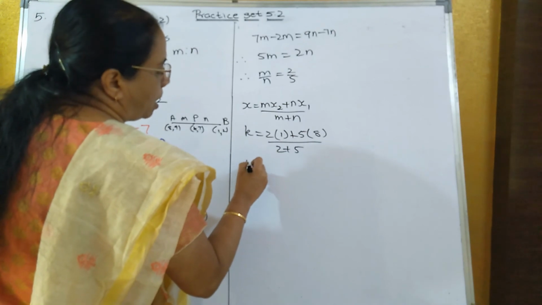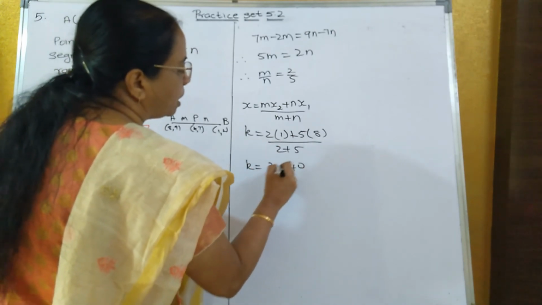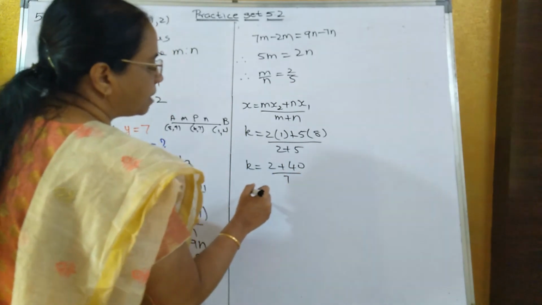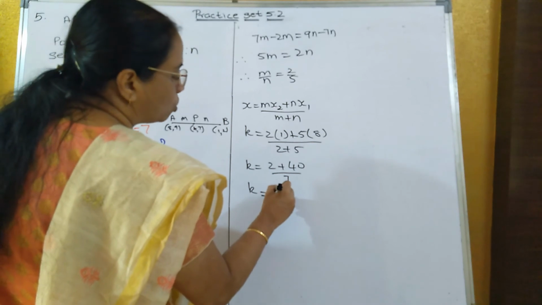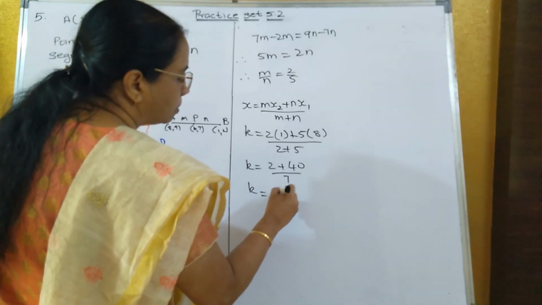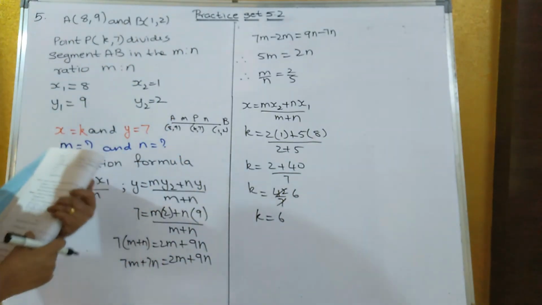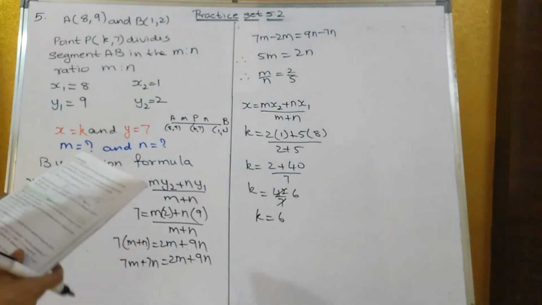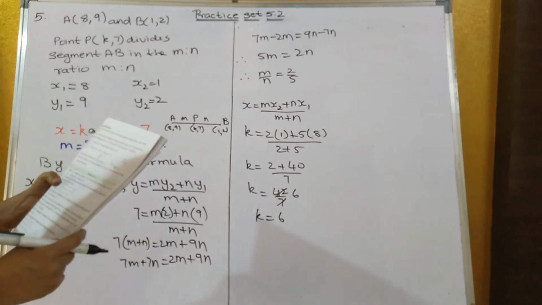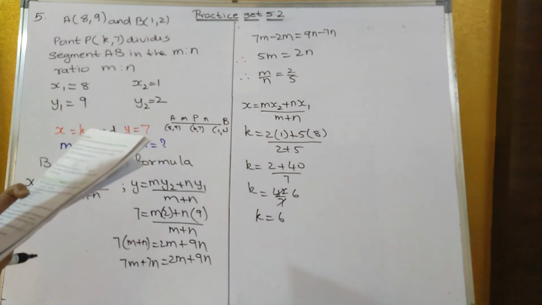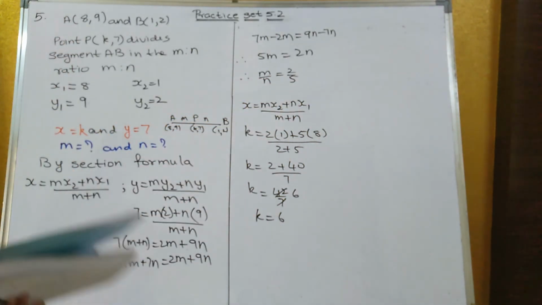So k is equal to 2 into 1 is 2, 5 into 8 is 40, 2 plus 5 is 7. So k is equal to 42 upon 7. So the value of k is equal to 6, and P (6, 7) divides the segment AB in the ratio 2:5. So that is the final answer.